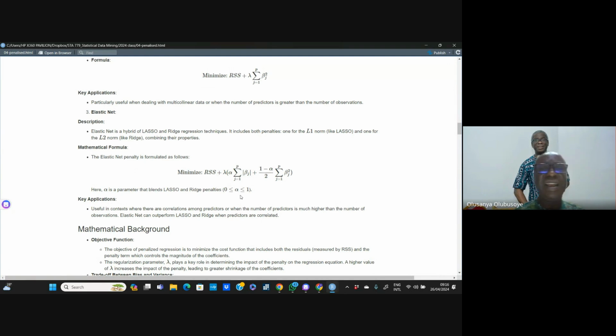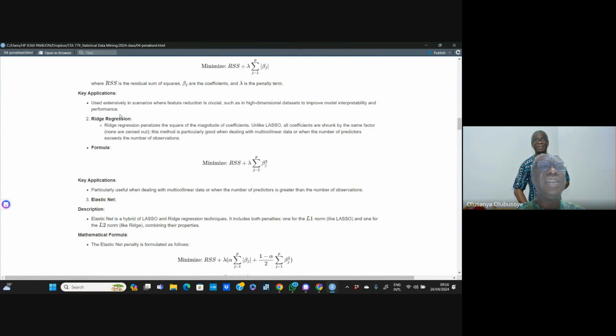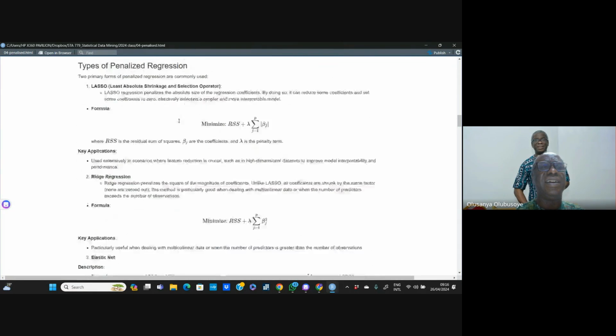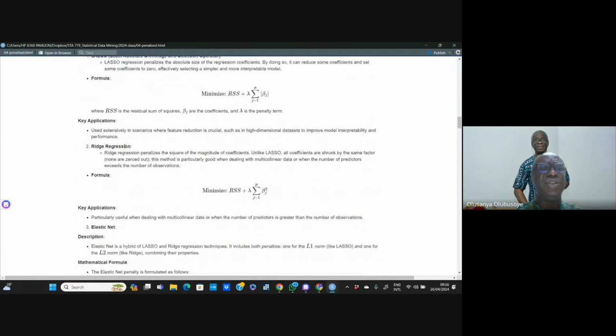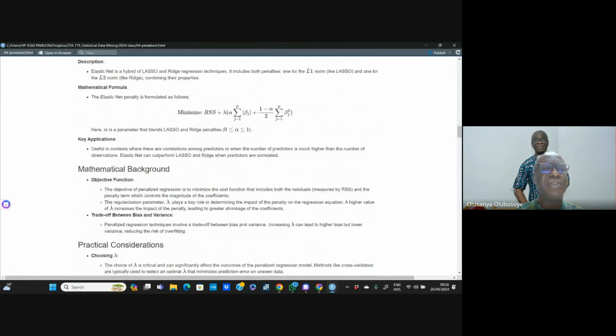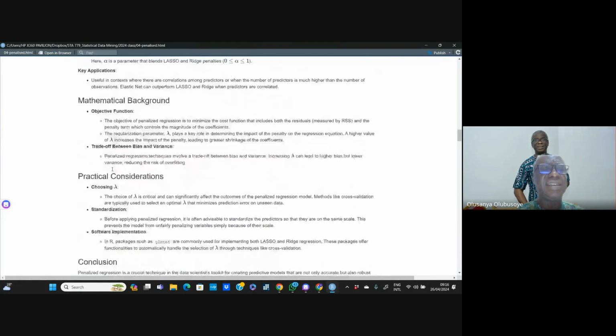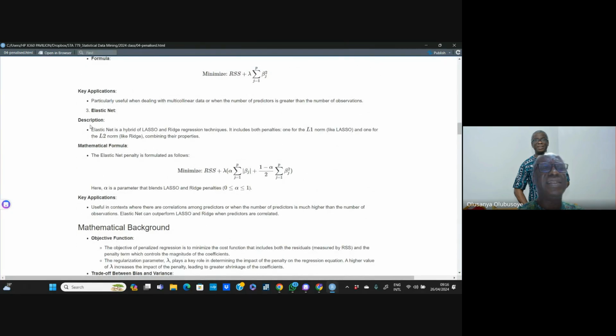So we'll talk. Now, I've talked about 3 different penalized regressions: the LASSO, the ridge, and then, of course, the elastic net. Elastic net combines the features of LASSO. So it's a hybrid. It combines the features of LASSO and ridge regression. The LASSO penalty is called the L1 penalty, and that of the ridge is called the L2 penalty.